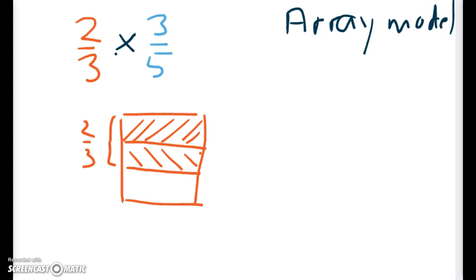I'm going to superimpose the fifths. And I'm going to mark off the 3 columns of fifths. And these are represented here.